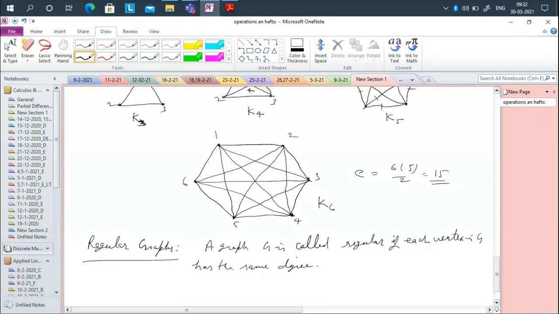So you see that a complete graph is also a regular graph. Yes or no? Because each vertex has the same degree.